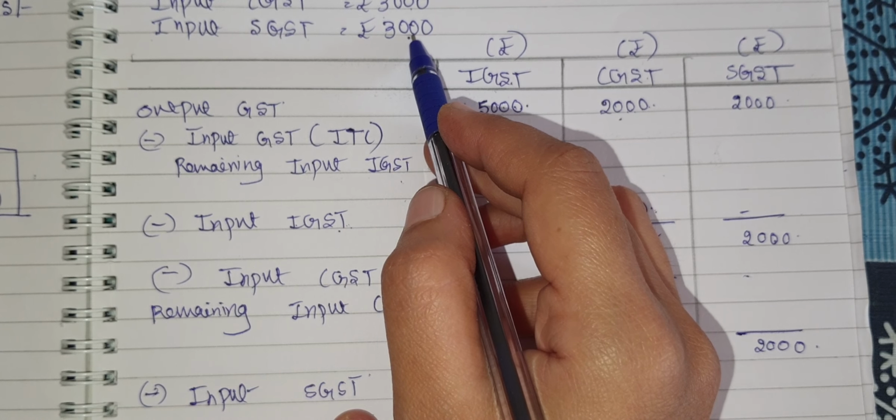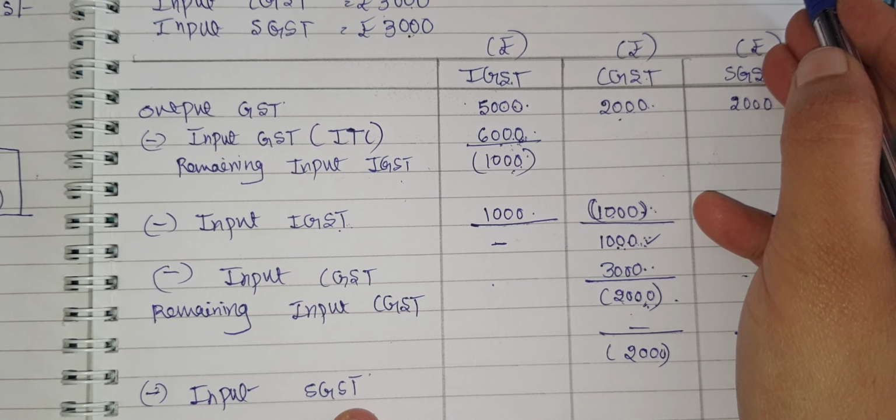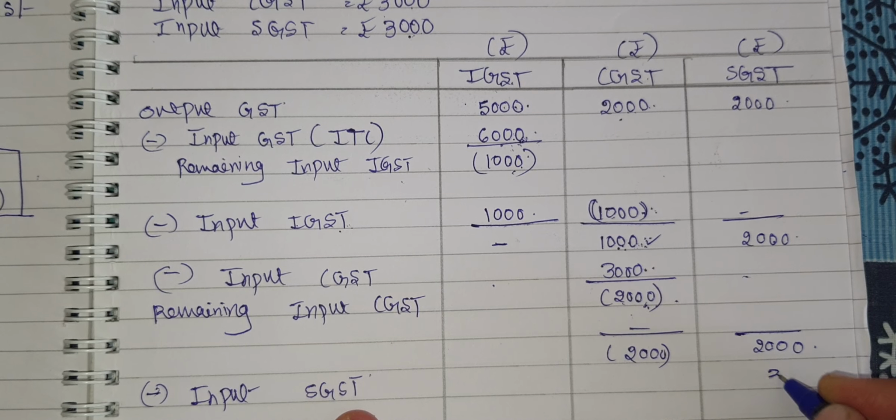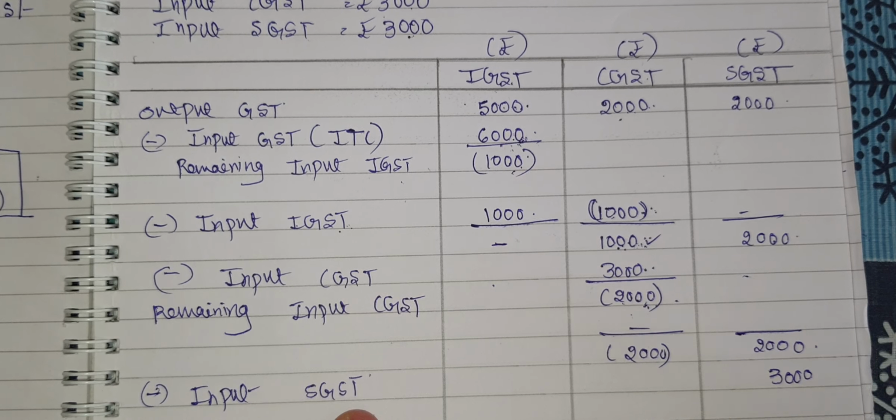Input SGST is rupees 3,000 that was paid on purchases, but the amount we have to pay to the government is rupees 2,000.